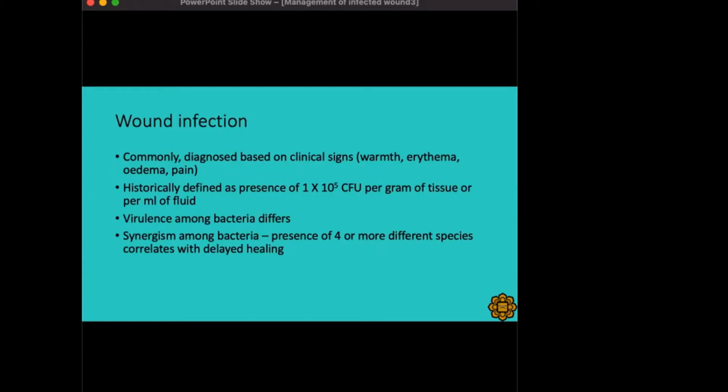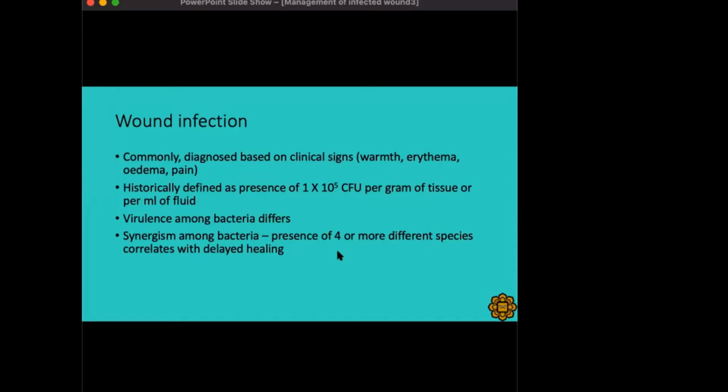Now, because the virulence among bacteria differs, that figure is not always true. Because with a very virulent organism, you don't need that amount of bacteria to say that the wound is infected.